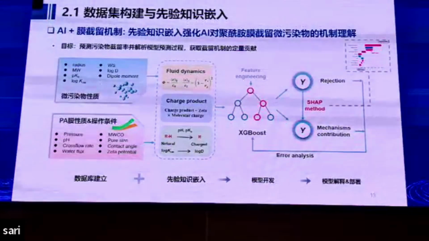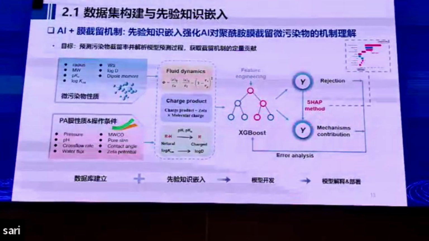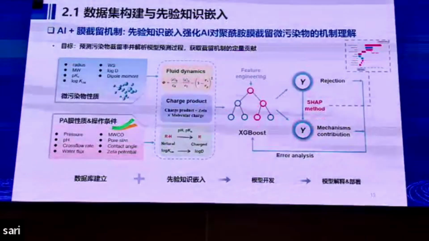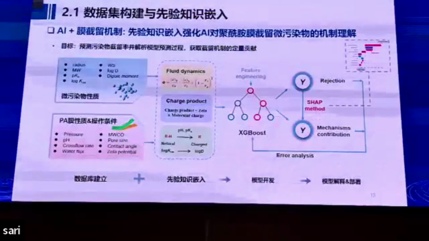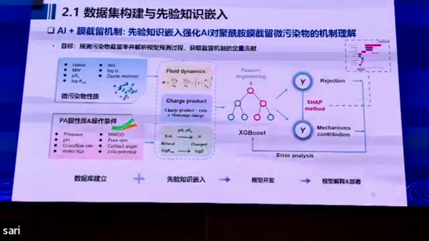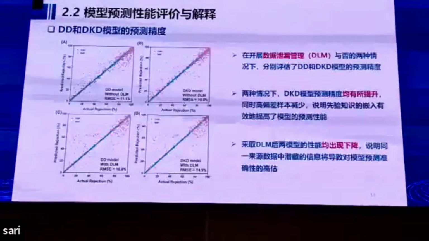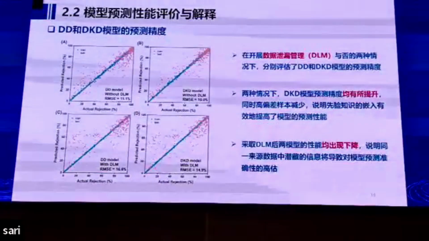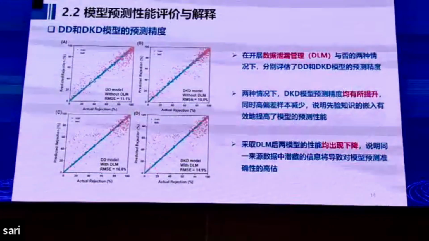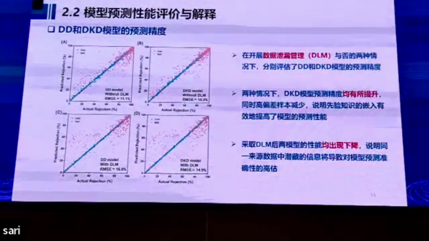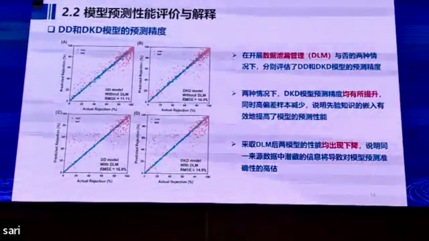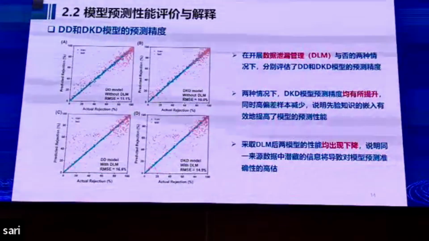When we transform the original data by these three conventional mathematical models, we then use XGBoost, a boosting algorithm, for machine learning, and this is the result of our prediction. DD is the data-driven model, and DKD refers to the data-knowledge-code-driven model.